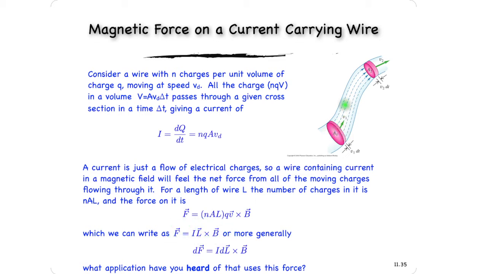But if our wire is changing direction and the speed is changing and all that, we can generalize this and write the force on a little chunk of the wire, dF, is I times dl, where dl is the length of that little chunk. And so the idea would be if we have a curved wire like this, we could break it into little chunks, each of which we could approximate as moving in a straight line, and then integrate all those chunks to get the total force.